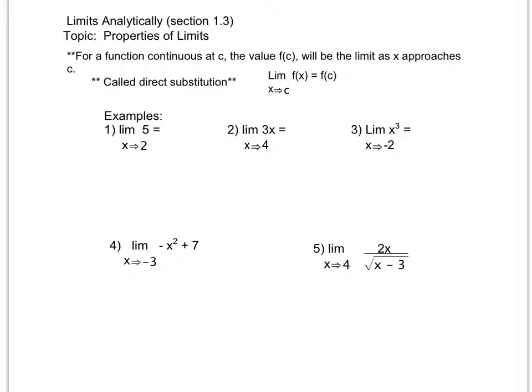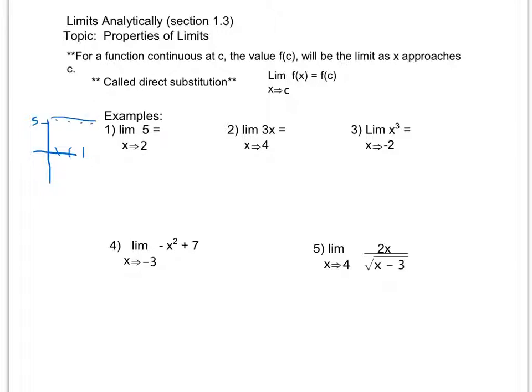First example, if I'm taking the limit of the function f of x equals 5 as x approaches 2, well, if my function is just f of x equals 5, doesn't that mean that no matter what my x value is, my y value is 5? So I'm going to get this straight horizontal line.